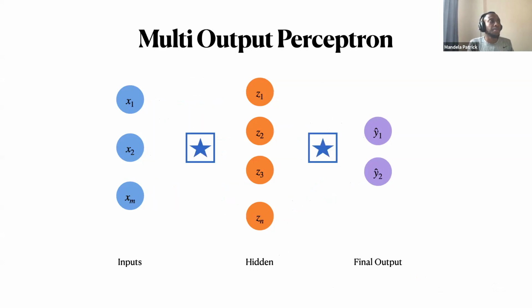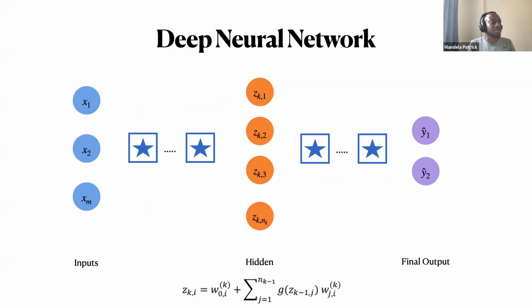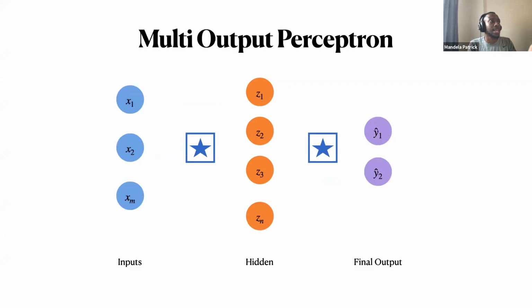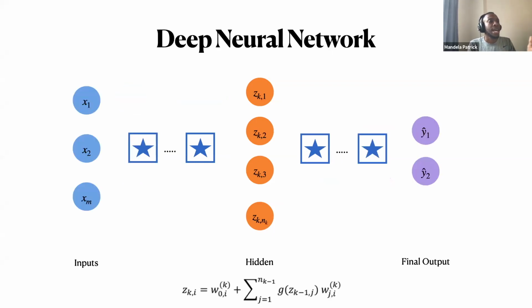And then for a deeper neural network, we just keep stacking these hidden layers. We just keep on adding more and more layers, and that's fundamentally at the heart of a neural network.